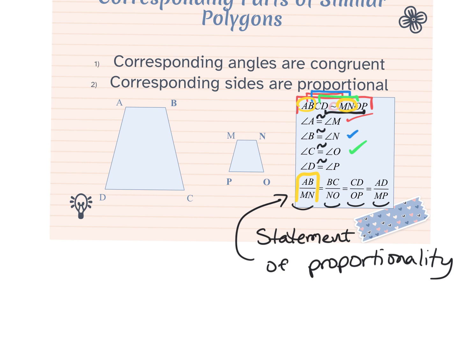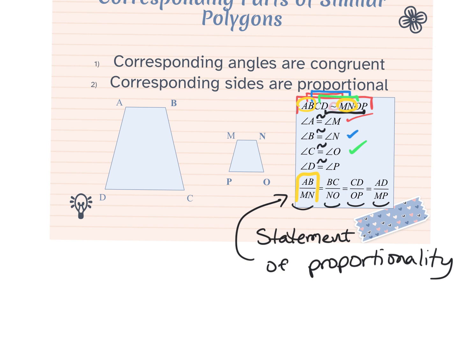And what we're going to see is we're going to be able to find that scale factor, or what they multiplied each one of the side lengths by, to get the corresponding new polygon. So let me add some numbers to this to show you how the ratios would all simplify to the same fraction or the same ratio.